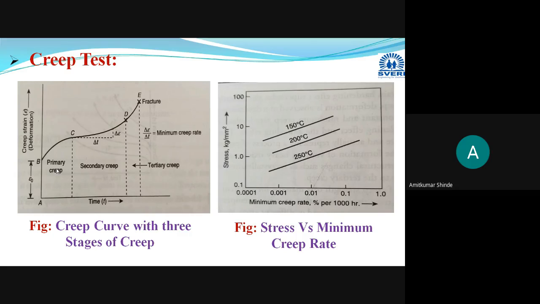Higher temperatures in this sense means some softening or annealing of the material will occur. When strain hardening takes place, deformation decreases, and when annealing or softening occurs, deformation increases. In the region D to E, softening or annealing of the material will occur. Due to that, in this DE region, deformation is at an accelerated rate.